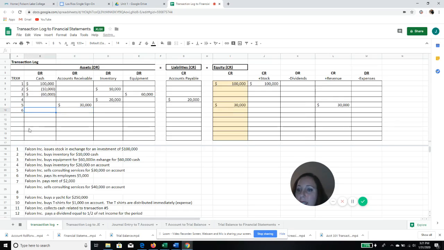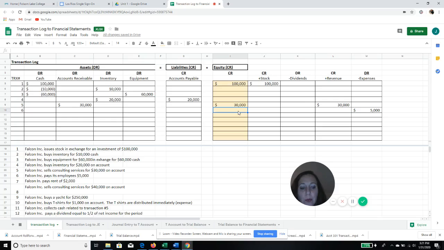Transaction number 6. Falcon Inc. pays its employees $5,000. When we pay our employees, we call that payroll expense. So we're going to go over to expense and put $5,000. Expenses decrease equity.